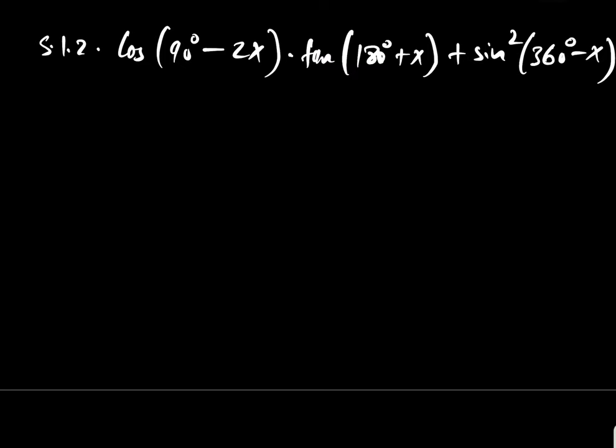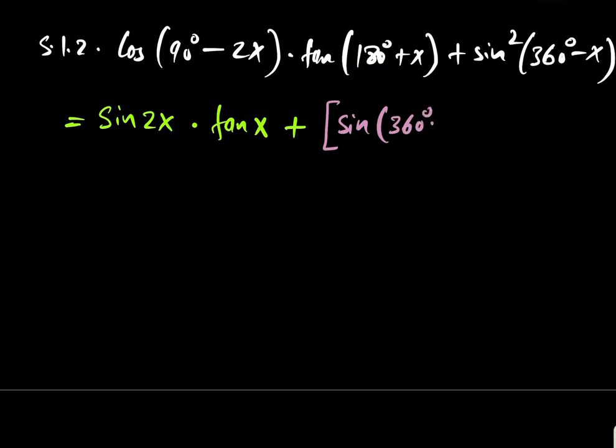So what we're going to do now is to apply the basic laws, which are your identities. This is now in the second quadrant where you're going to apply co-functions. All right, so this becomes a sine of 2x multiplied by, this is now a reflex angle where you're going to have a tangent of x there, plus this, you can say to yourself nicely that this is sine of 360 degrees minus x.